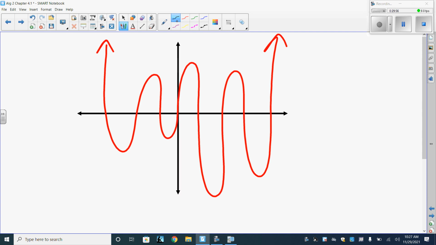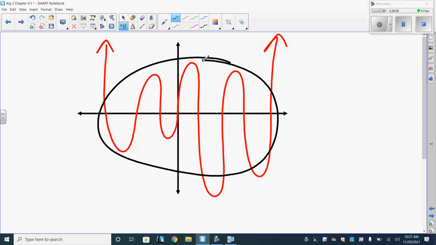We do have a lot going on here in the middle, yes? But what are the ends doing? They're both going up, yes?